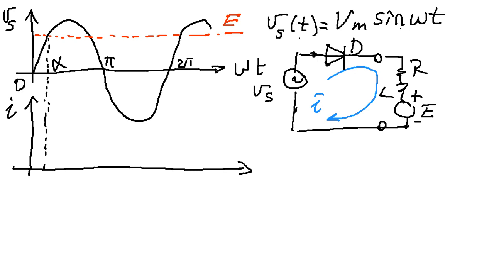Since E is higher than Vs, therefore the voltage between 0 and alpha, omega t, Vs(t) is smaller than E. If Vs(t), the supply voltage, is smaller than this, the diode is reverse biased.